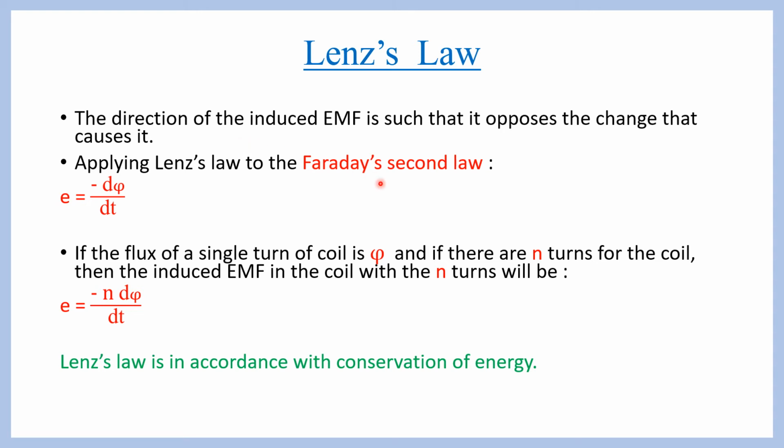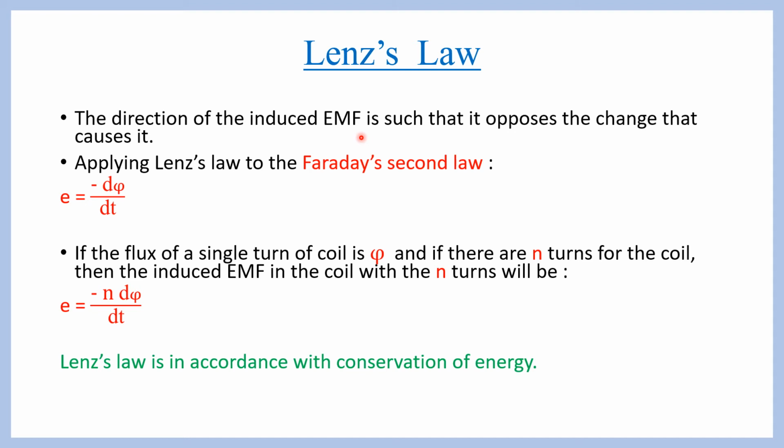First, we will just say about the direction of the induced EMF. Applying it to Faraday's second law, we get the equation as E is equal to minus of d phi by dt. This is according to Lenz's law. It says that the EMF induced, that is E, is in such a way that it opposes the change. What is the change? It is the flux change.